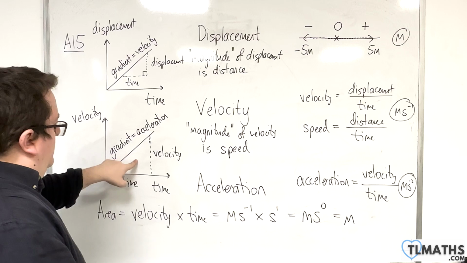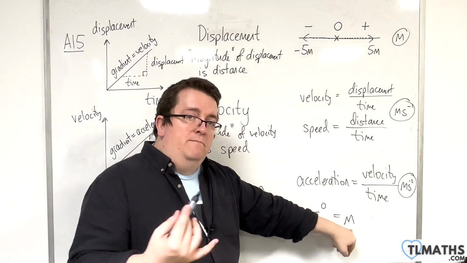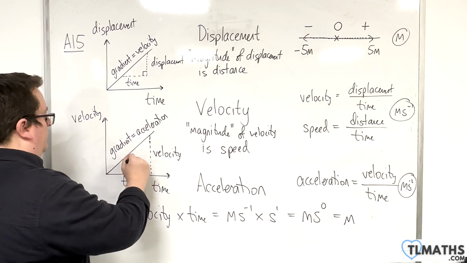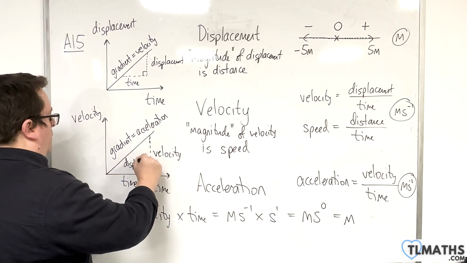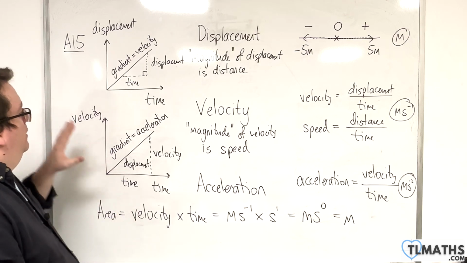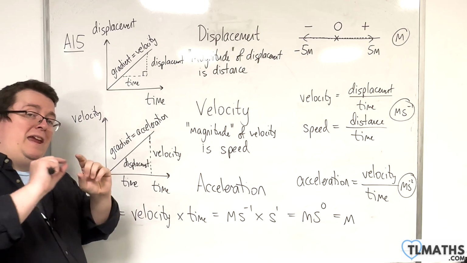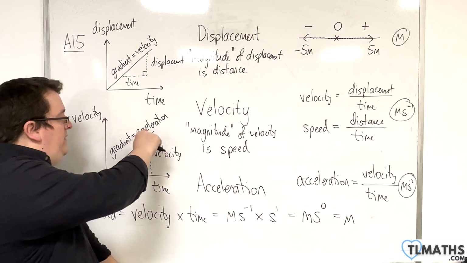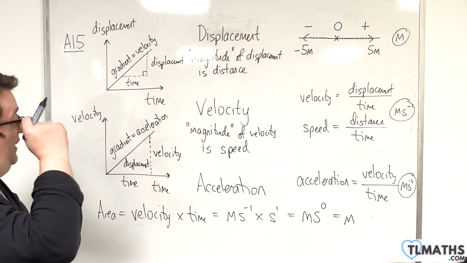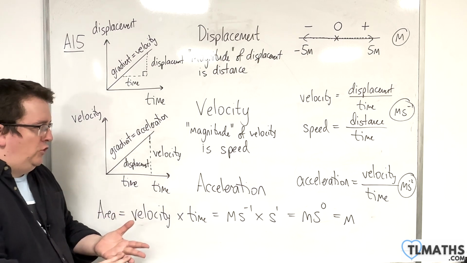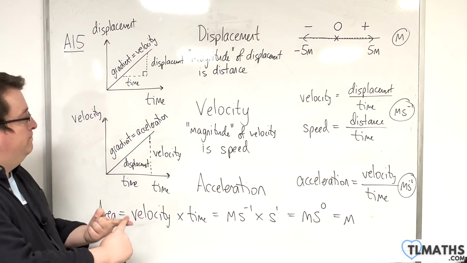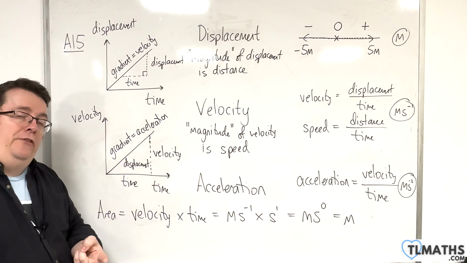So the area has units of meters, which is your displacement. So you can work out the displacement from a velocity time graph by looking at the area between the line and the time axis. So velocity time graphs have two key features. Gradients mean acceleration. Areas find you displacement.